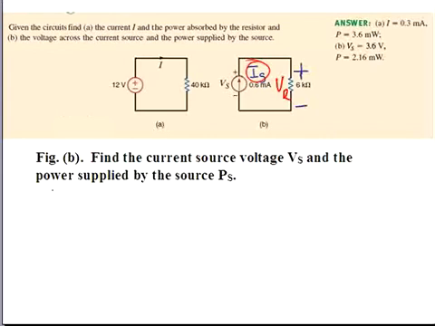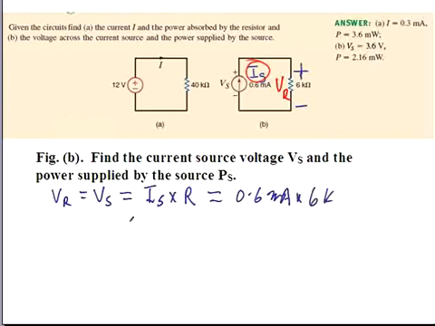So we have V sub R is equal to V sub S is equal to I sub S times R. This is Ohm's law for the resistor. The source current is 0.6 of a milliamp and the resistance value is 6K. So therefore V sub S is equal to 3.6 volts.